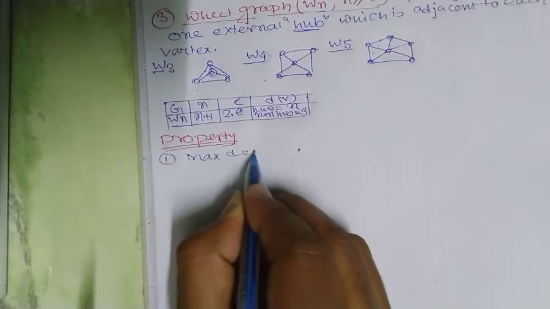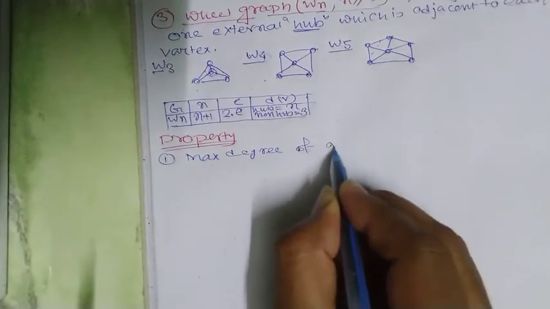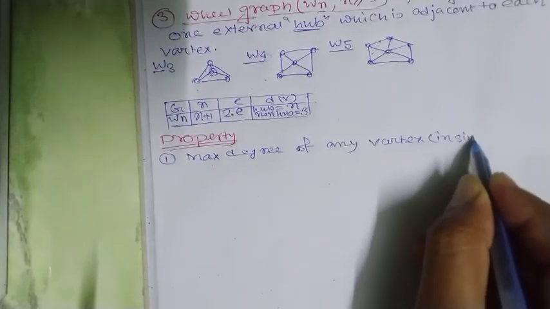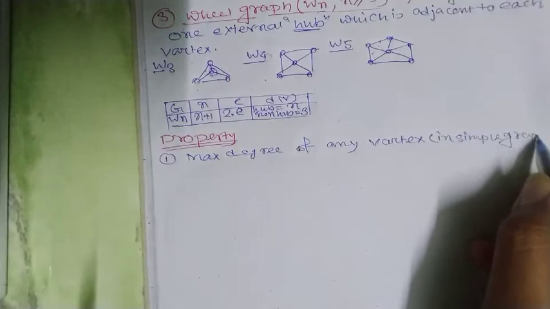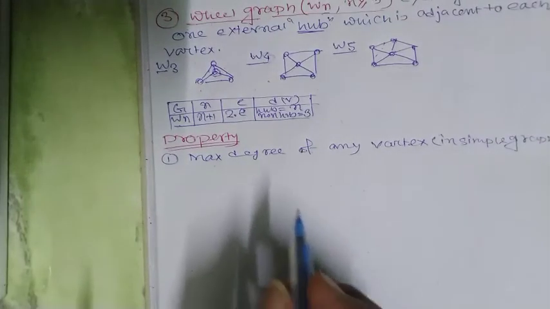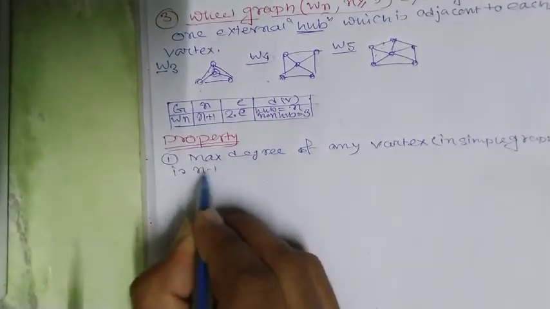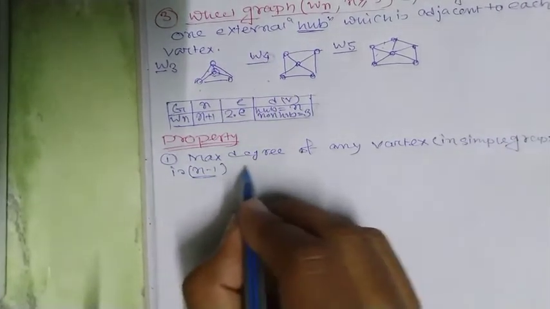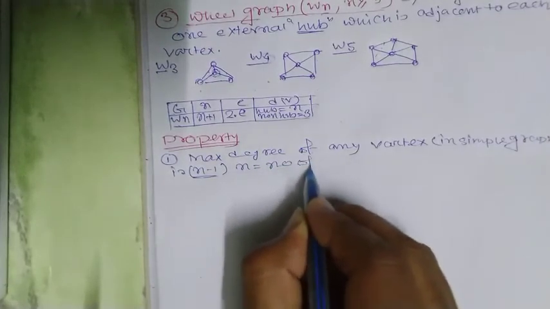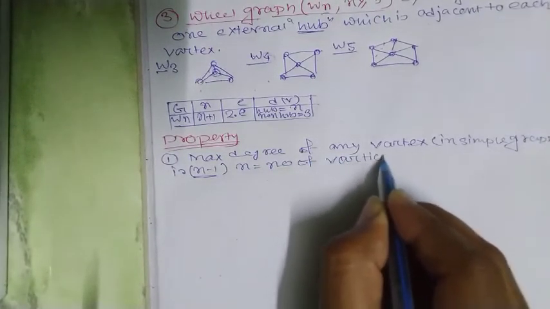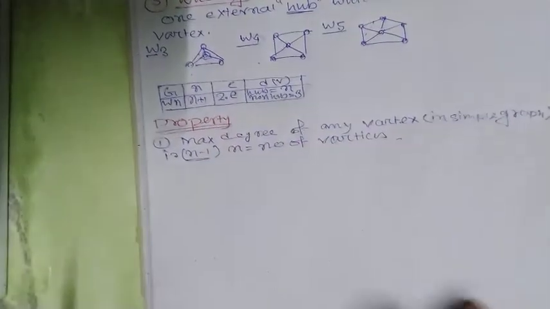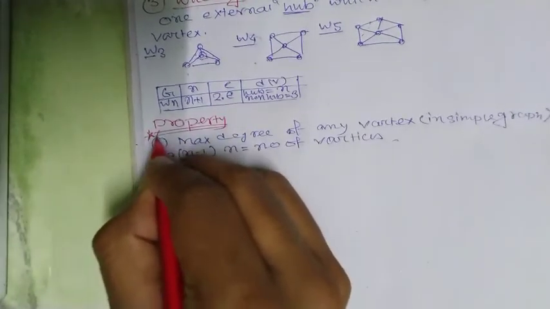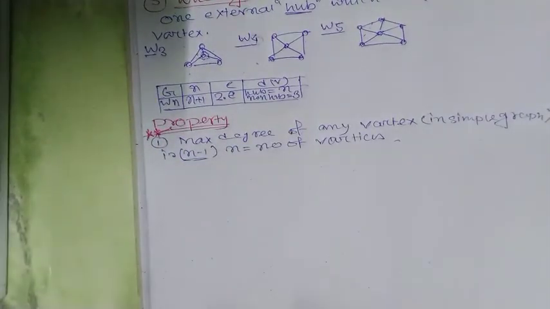The max degree of any vertex in a simple graph is n minus 1. And what is n? n is equal to the number of vertices. Okay, you must remember this formula. This is very important. I must give a star mark over here.